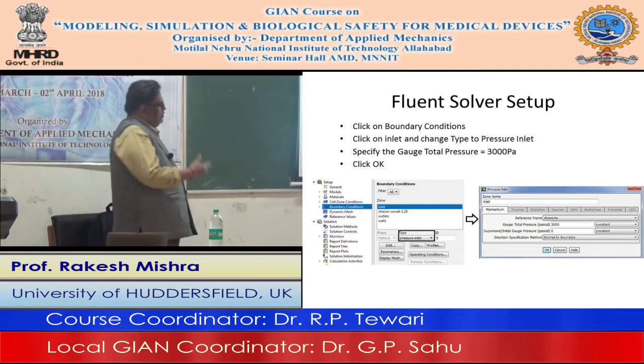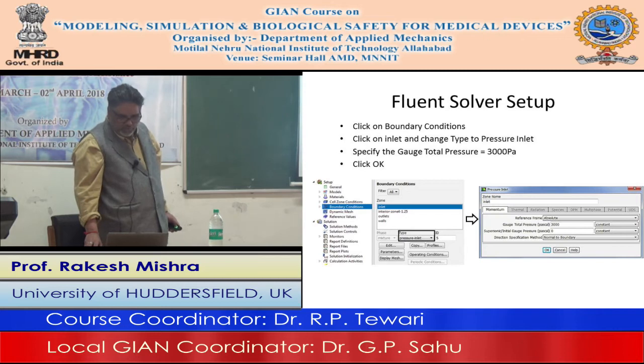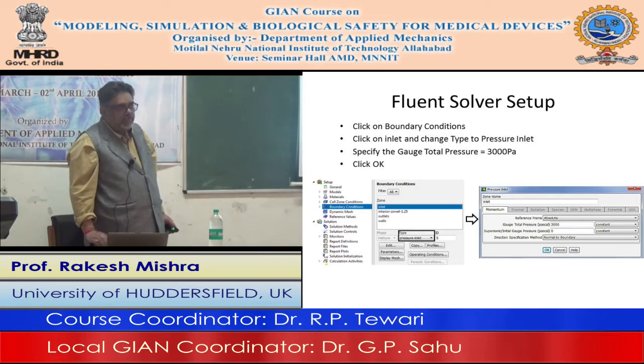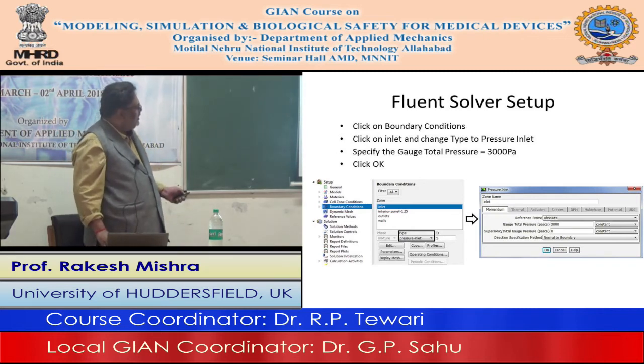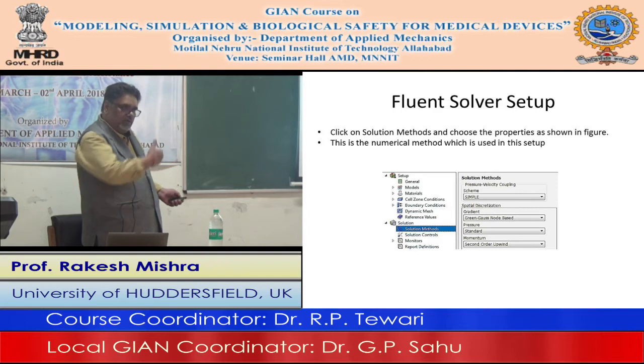Then for solution methods, as I mentioned to you yesterday, we can choose appropriate solution methods, and then we initialize the results. So how do we initialize? As I mentioned to you, for velocities, I would not like to give 0 initial velocities. We give small velocities, 0.01, and along the z direction, because now my artery is along the z direction, I have given a velocity of 2.41 at the inlet.